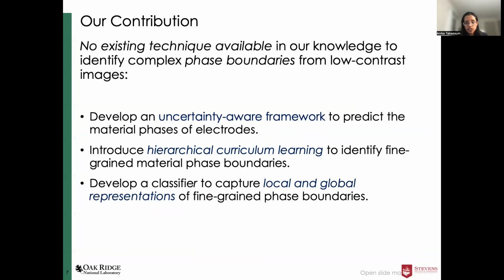Our contributions are: we develop an uncertainty framework to predict the material phases of electrodes. We introduce hierarchical curriculum learning techniques for identifying fine-grained material phase boundaries, and we develop a model to capture local and global representations of fine-grained phase boundaries.